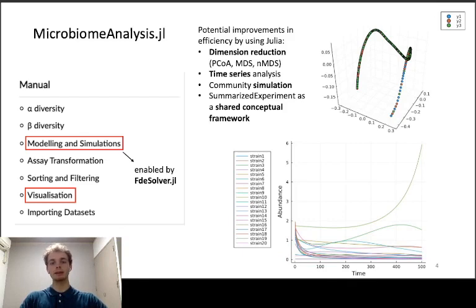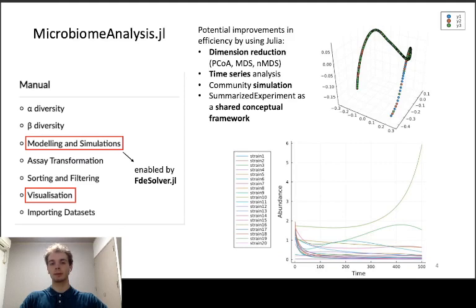And then the analysis of time series data and simulating community dynamics are also two options that could be improved. We can perform all these different types of analysis starting from the same container, making it a shared and reproducible conceptual framework.